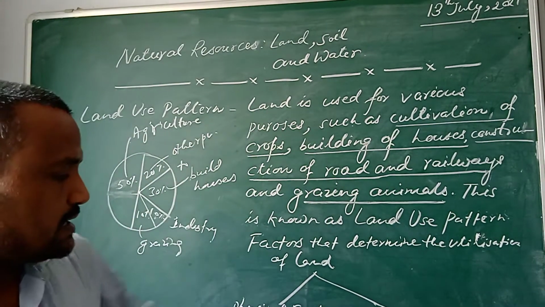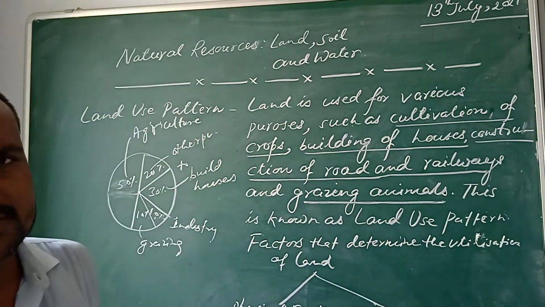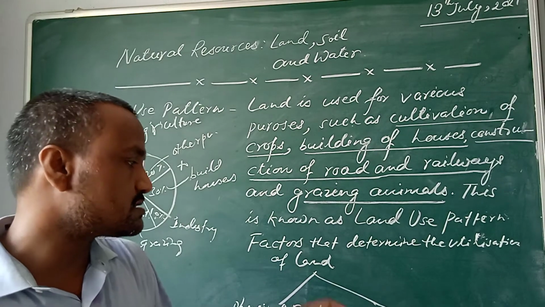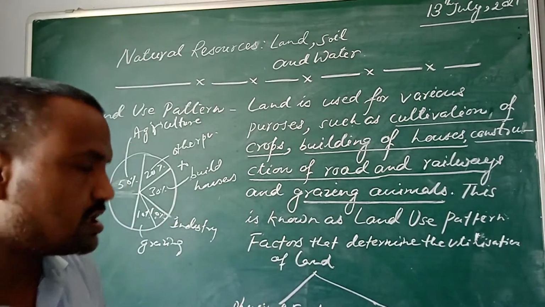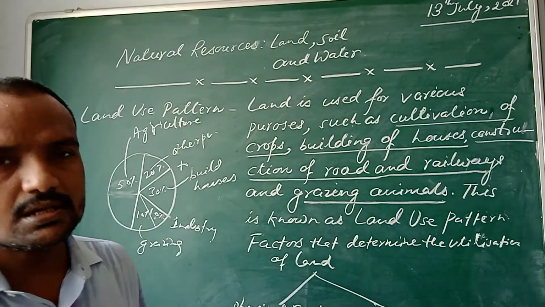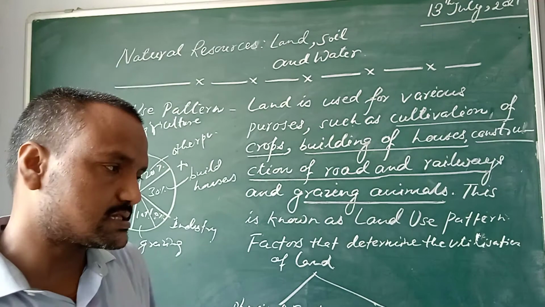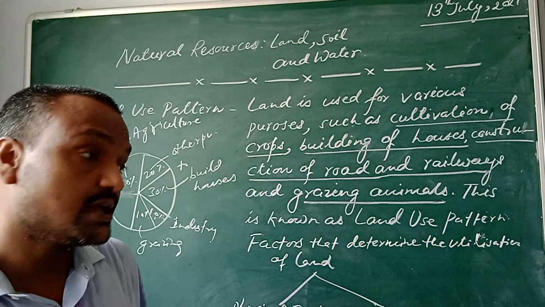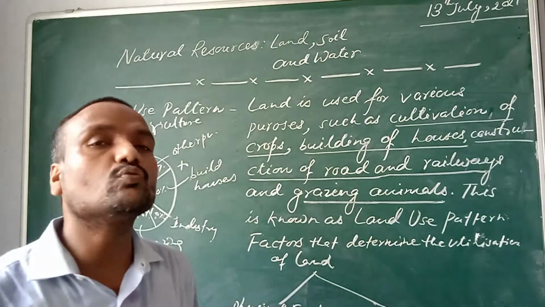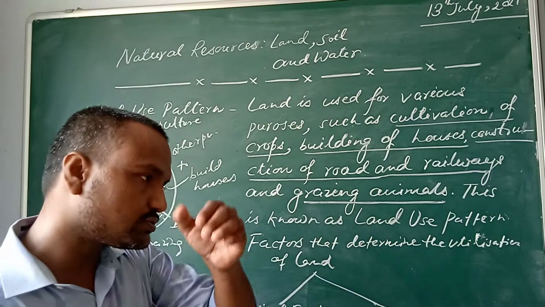Next is density of population. It is also a determining factor in how the land will be used. You yourself can see that at the time of independence, the population of your country was just 35 crore. Now the population has gone up to 140 crore by 2024.